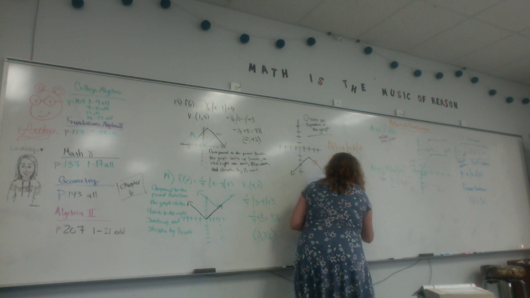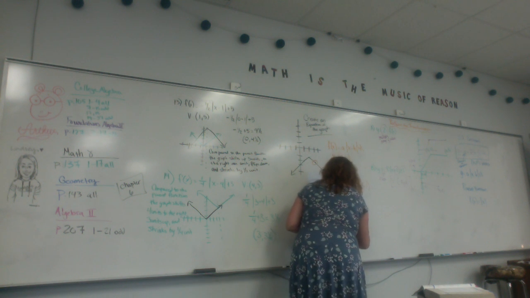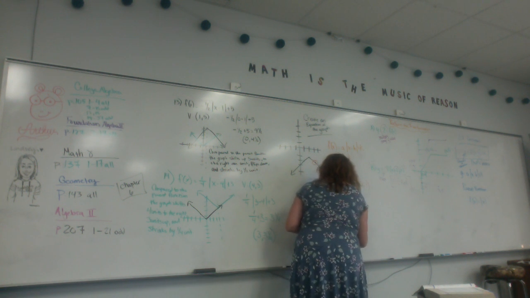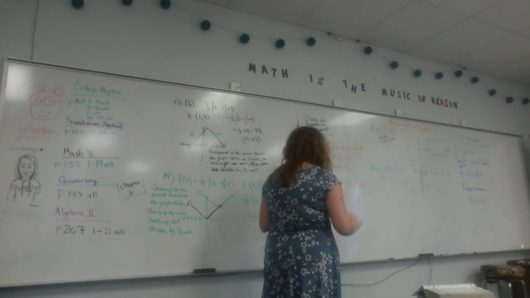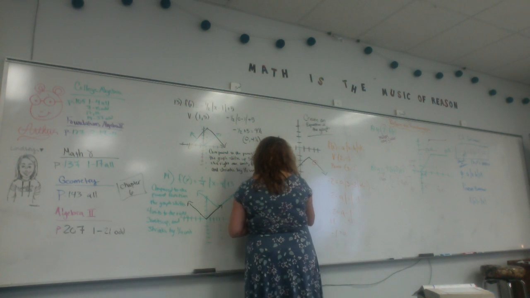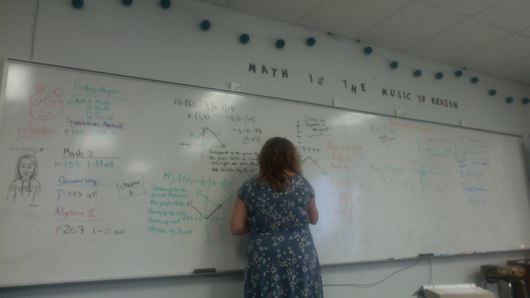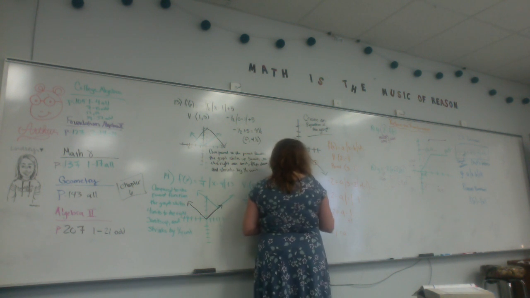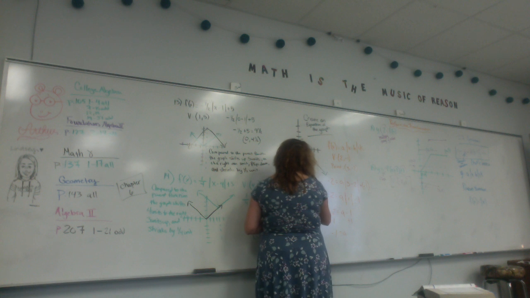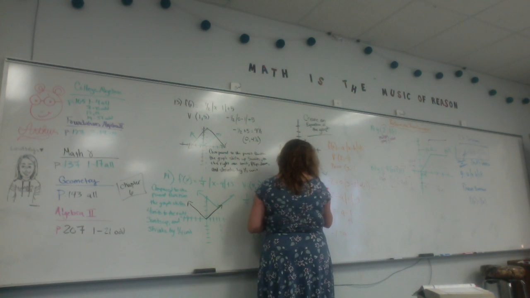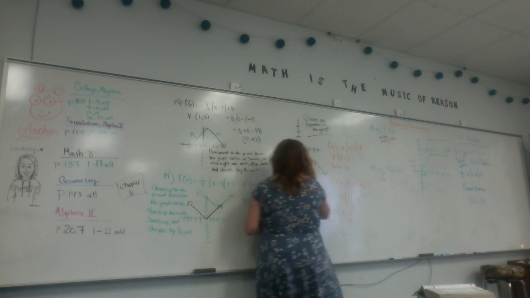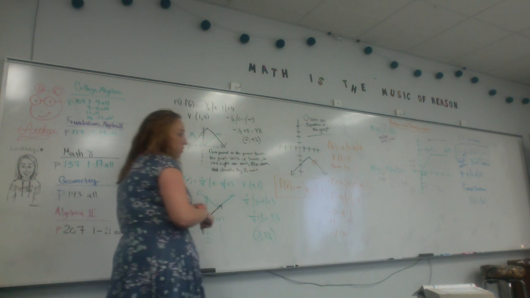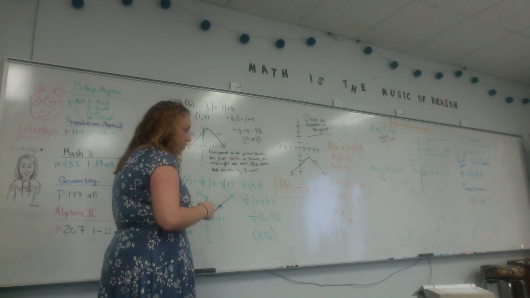I add 1 to both sides, and you get a equals -1. So my equation should say f of x equals negative absolute value of x. My vertex was -2, -1. That's how you create an equation off of a graph.